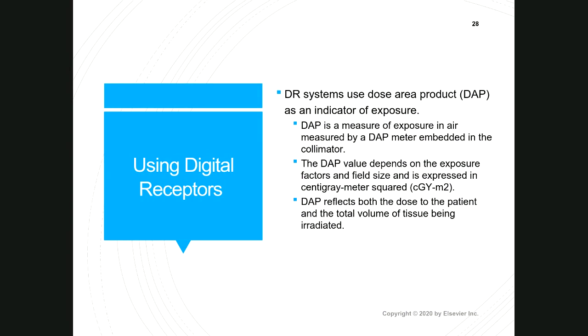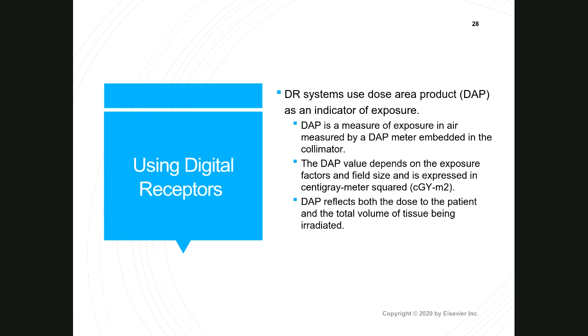Okay, so the DAP meter measures the amount of radiation that exits the tube, and then it also calculates the dose that was given to the image receptor so that it can calculate the anticipated dose to the particular patient for that exposure. So the DAP meter is specific to DR.